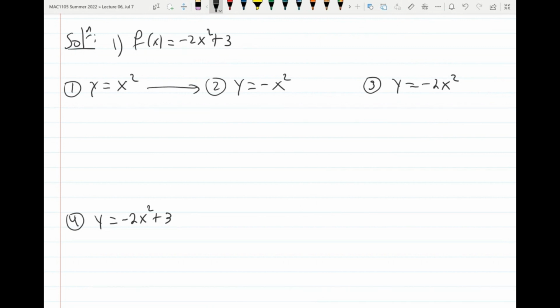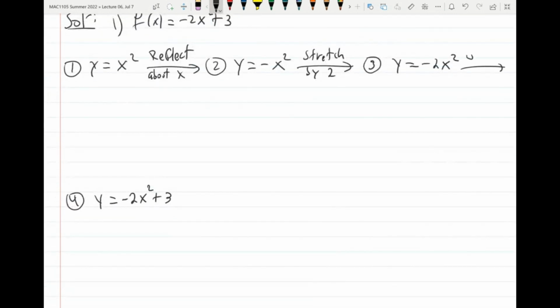I mean, you don't really need to write the words, but I'm gonna write it: reflect about x, then stretch by a factor of 2, and then from 3 to 4 it goes up 3 units.